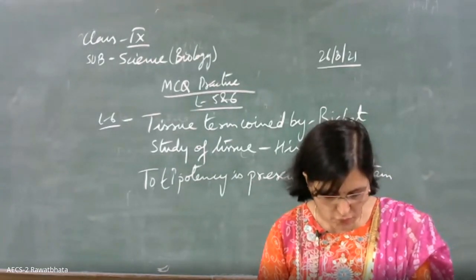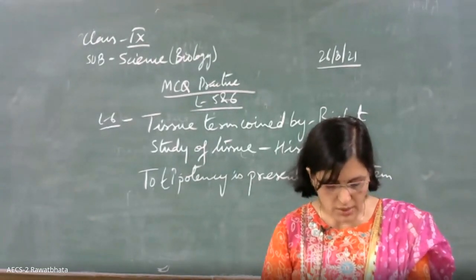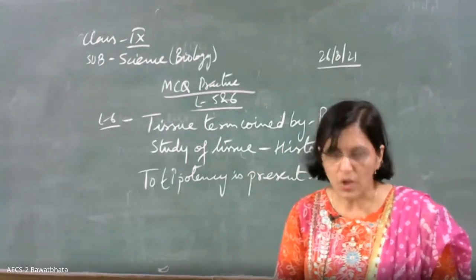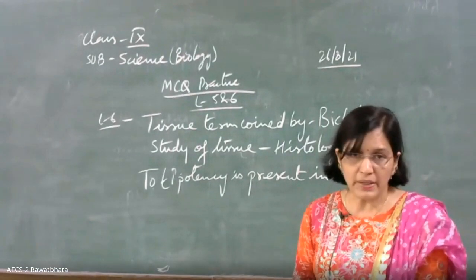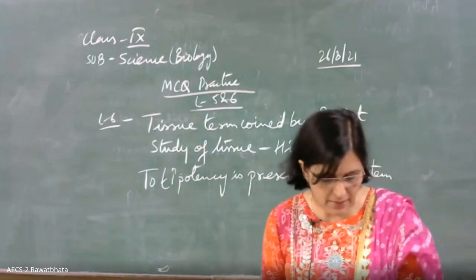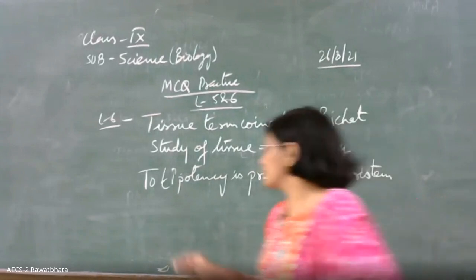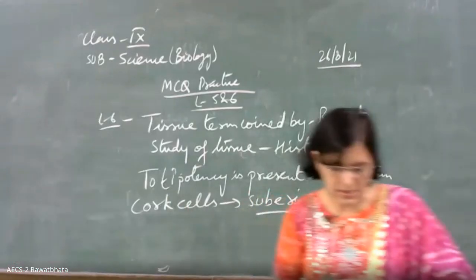The wall of cork cell has deposition of cutin, suberin, lignin, or pectin. Lignin, ma'am, suberin. This is given in our chapter, but still then write that.